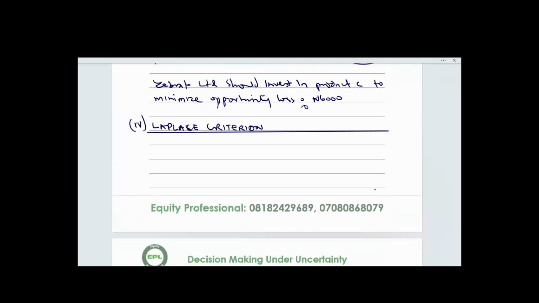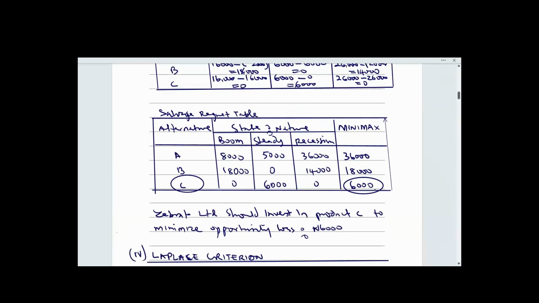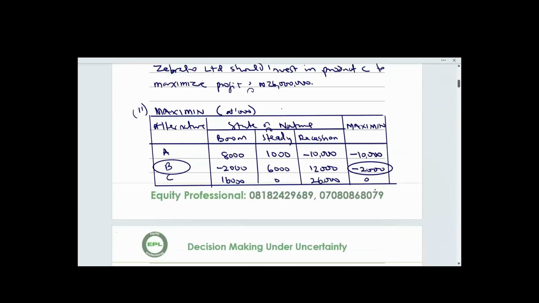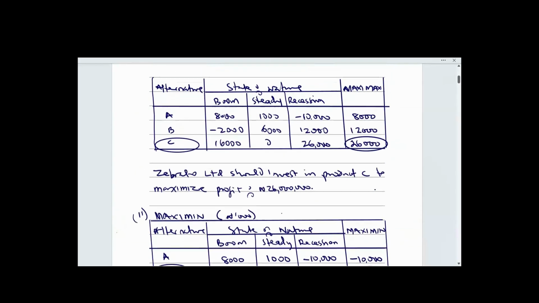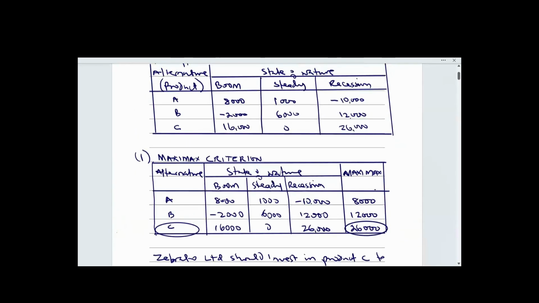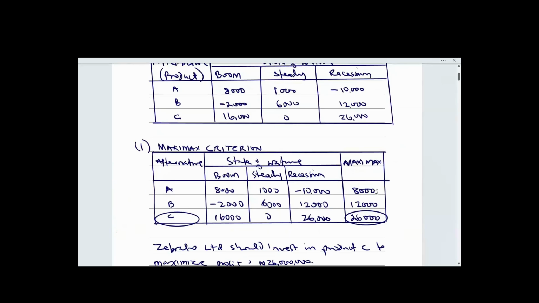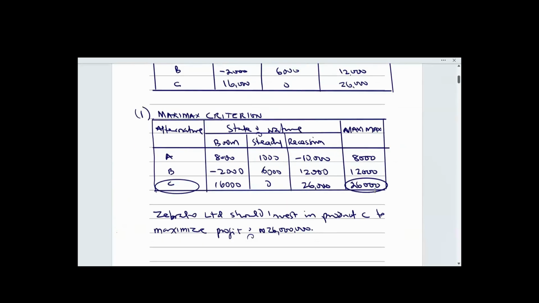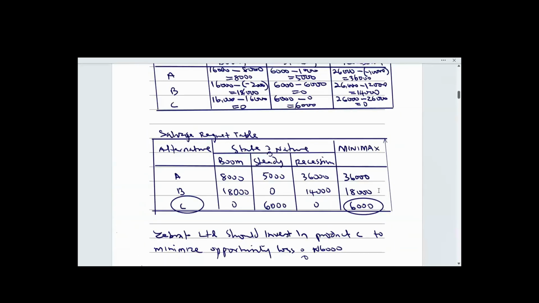So under alternative A, the figures we have in the payoff table are 8,000, 1,000, and minus 10,000.